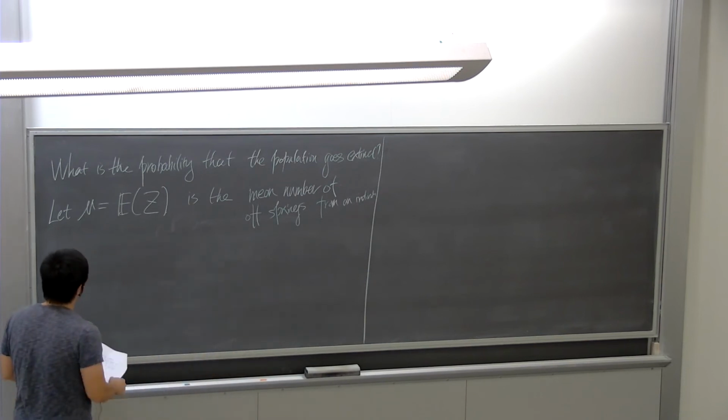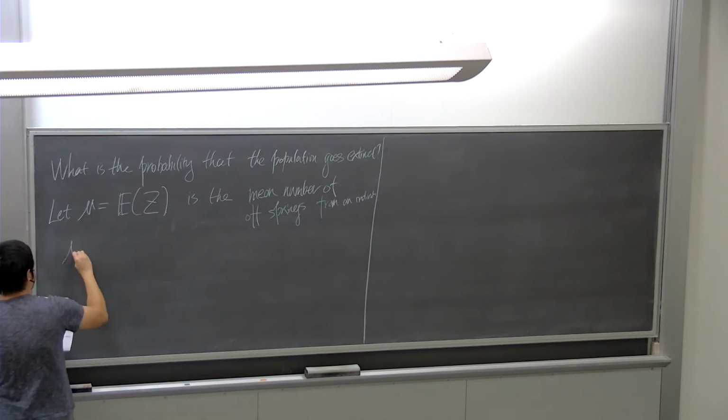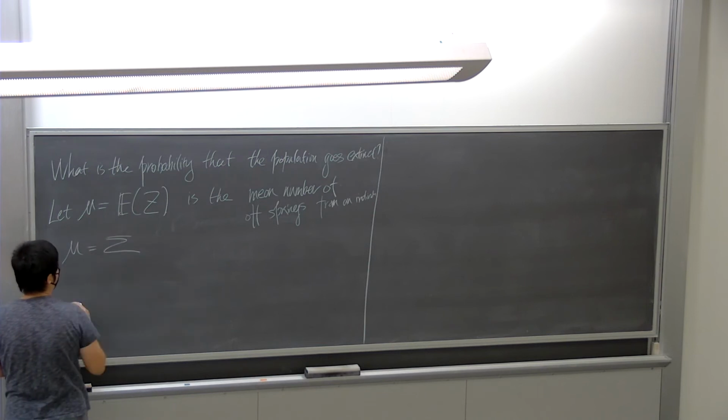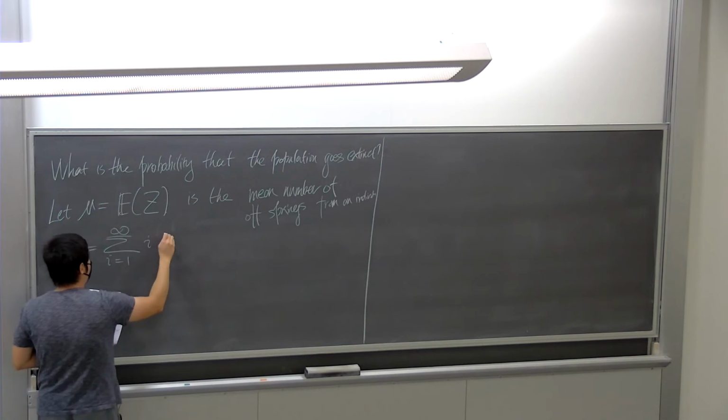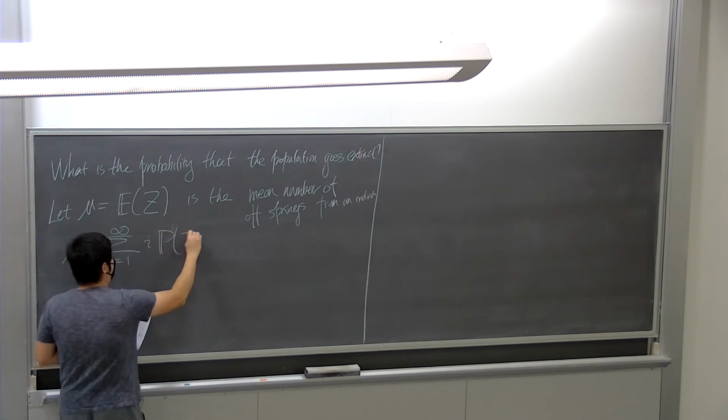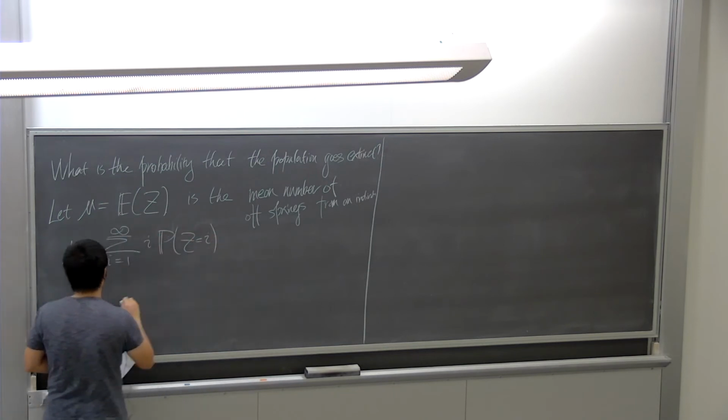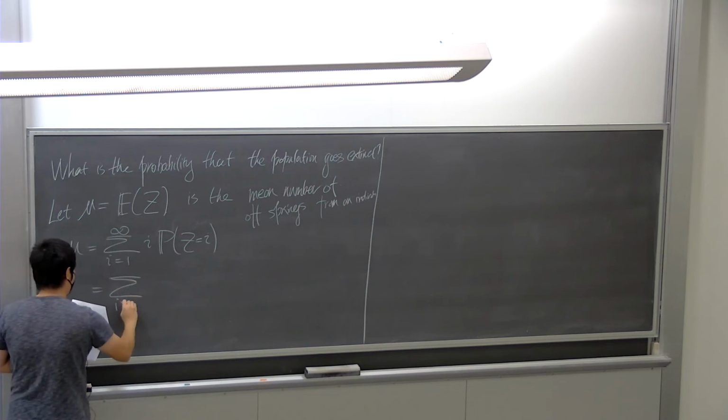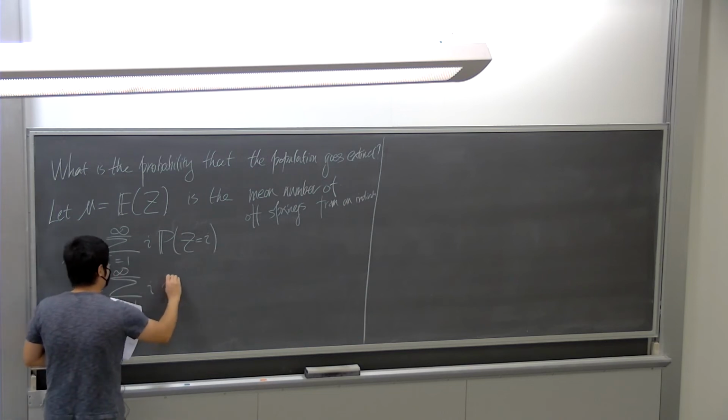Of course, we can then compute this mu by definition. How do we do it? We sum over i from 1 to infinity of i times the probability that Z is equal to i. This is just the summation, i from 1 to infinity, of i times p_i.